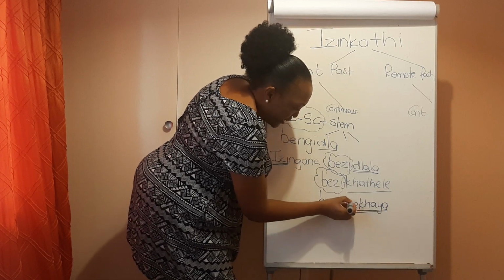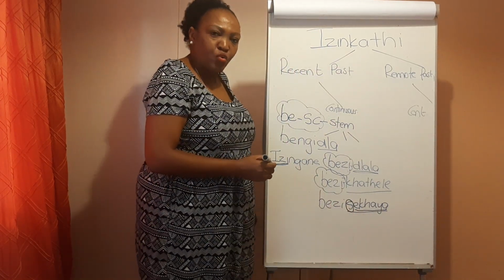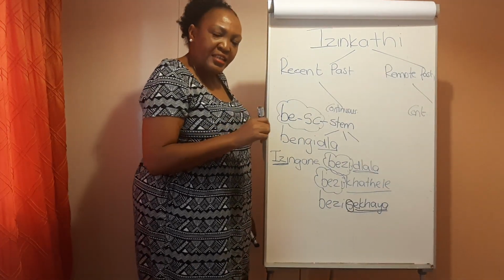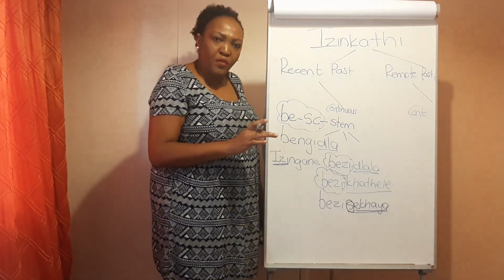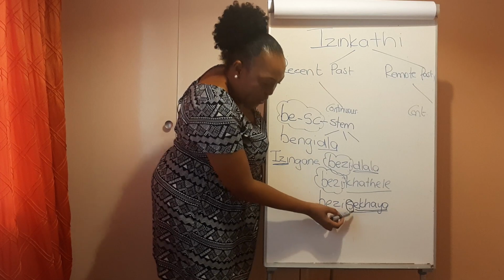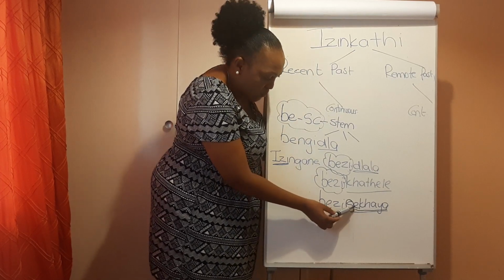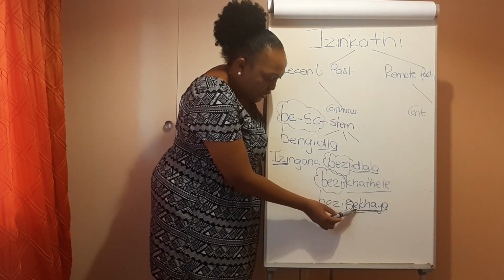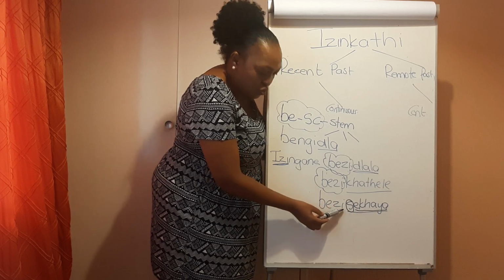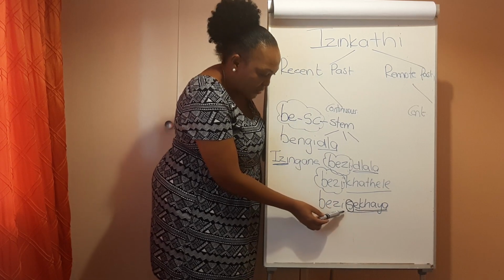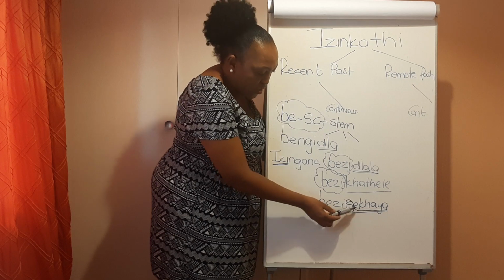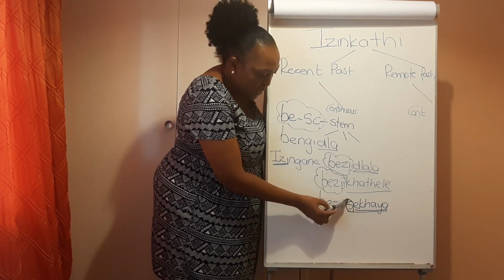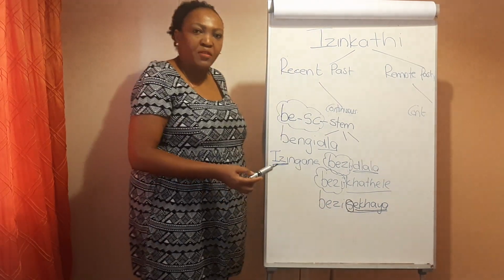But we use s to separate the two vowels, because remember we said in isiZulu we are not allowed to have two vowels together. So when one of the vowels comes from a locative, you don't touch the vowel of the locative, and you don't touch the vowel of your prefix. So what you then do when your stem is a locative, you make use of the separating prefix s.